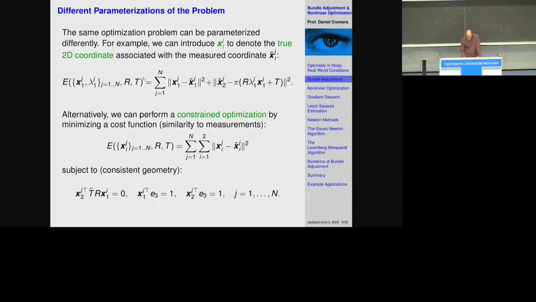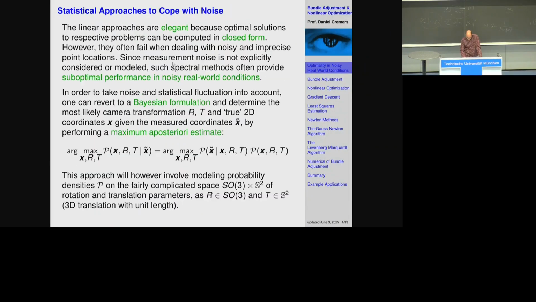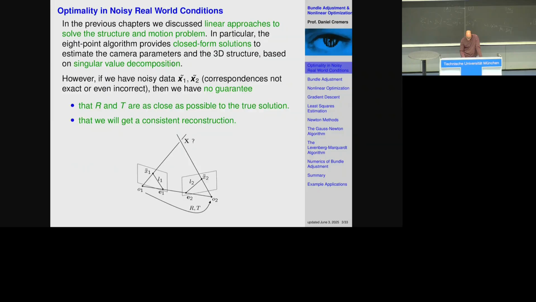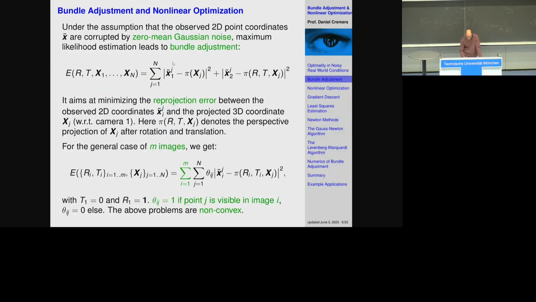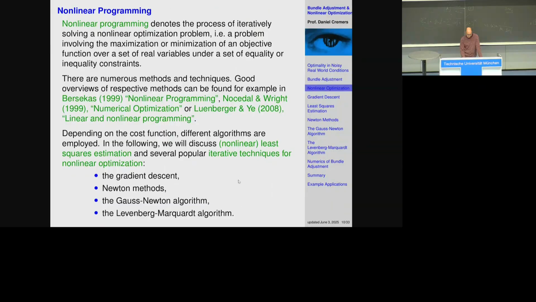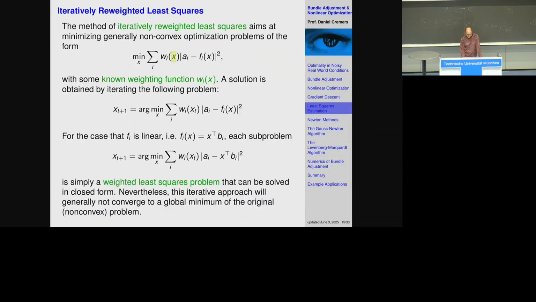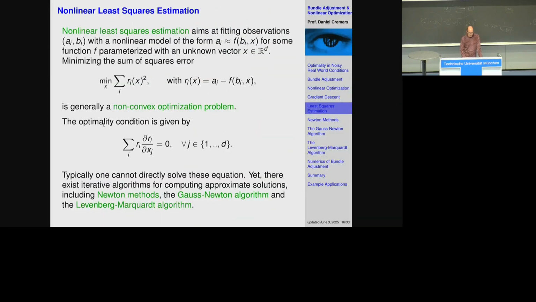Here is exactly in this, where is the best formulation? This one maybe is exactly in this form, right? We have a residual, we have the observed point, and this is the mapping of the projection of point xj into image i. And we minimize this discrepancy, and so it's exactly in this form that we call nonlinear least squares estimation.